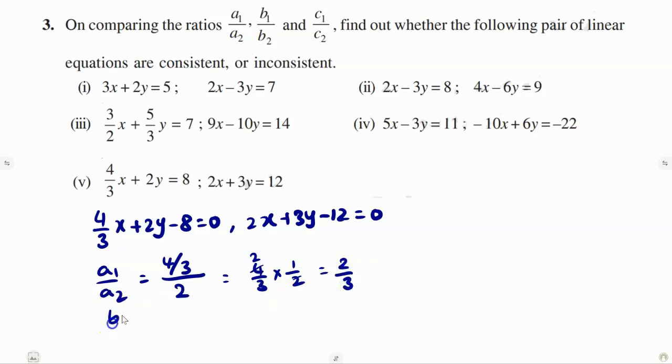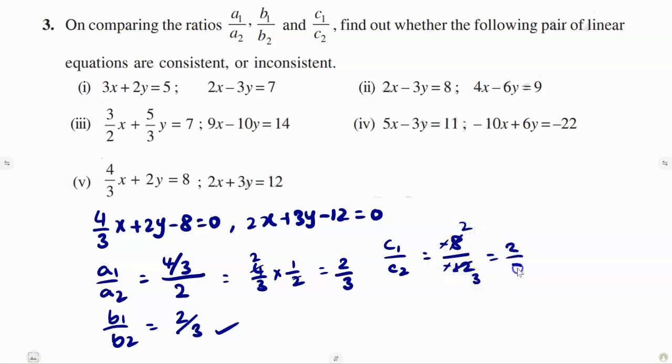Let us do b1 by b2. b1 by b2 is equal to, b1 is 2 here, b2 is 3 here, which is equal to 2 by 3 itself. So a1 by a2 and b1 by b2 are equal. So let us find c1 by c2 also. Here c1 by c2 is equal to minus 8 by minus 12. The minuses cancel, and 4 twos are 8, 4 threes are 12.